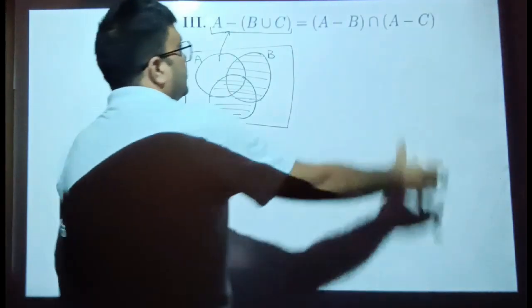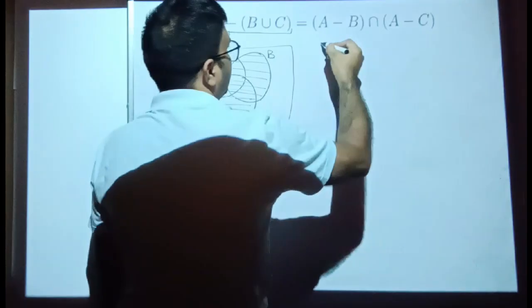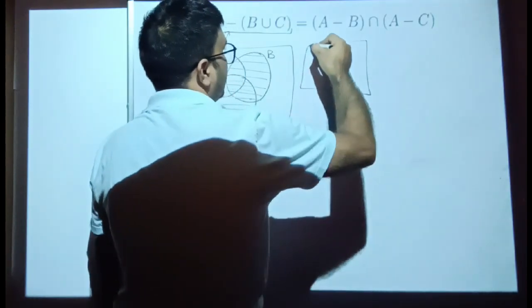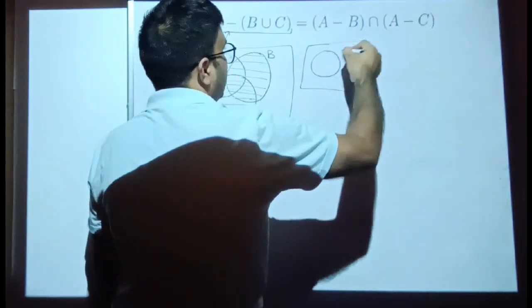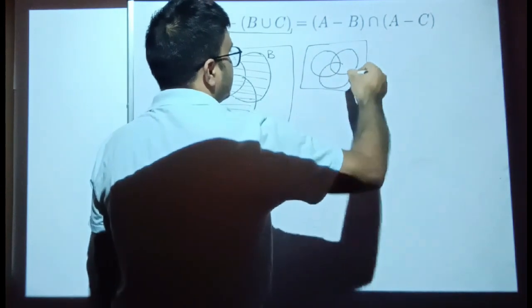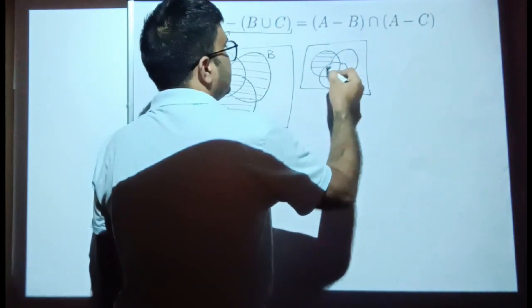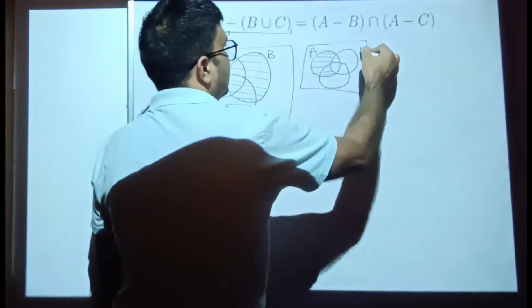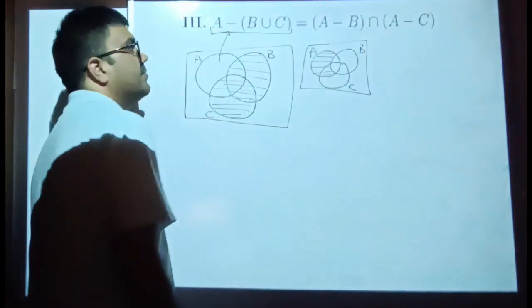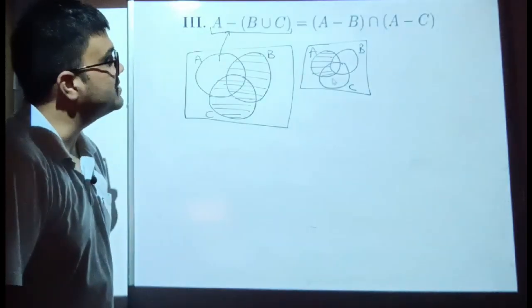Look at these two portions now. This is A, B, C. A minus B means we are talking about this region of A. This is A, this is B, this is C. From A we have removed this portion.